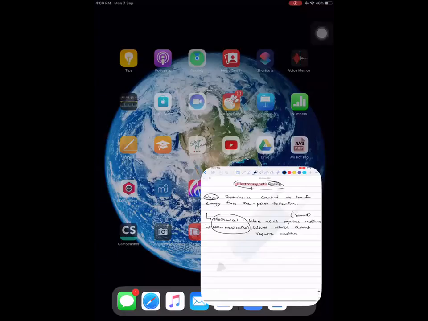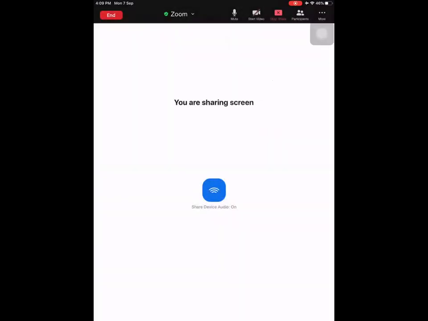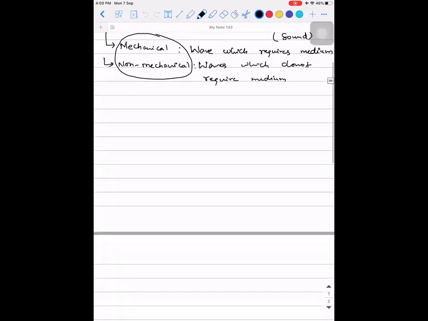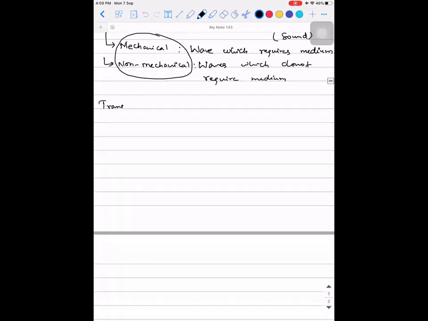Similarly, there are two more types of waves which are called transverse and longitudinal. So as Dhruv told, this transverse and longitudinal is the one which is going to speak about the perpendicularity and the parallelism.